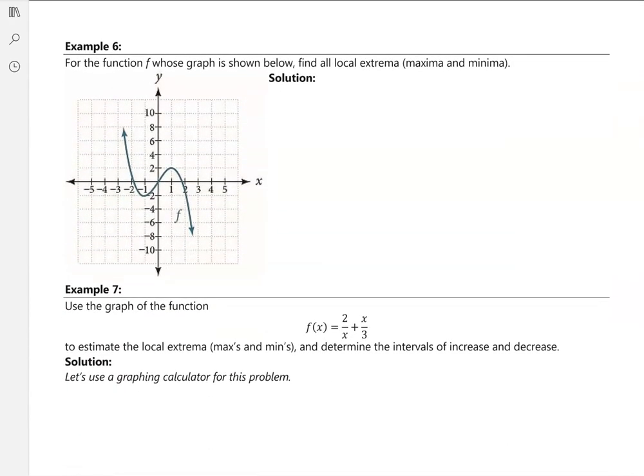Example number 6. For the function f, whose graph is shown below, find the local extrema, that is the maxima and the minima. Here we know that this is the local maximum, and we know that this is the local minimum.